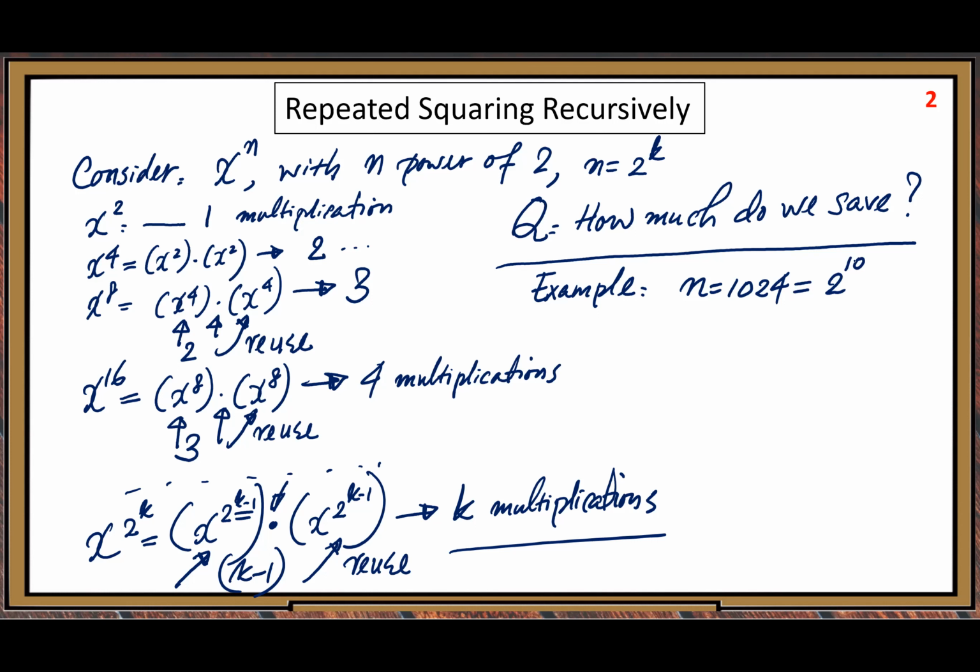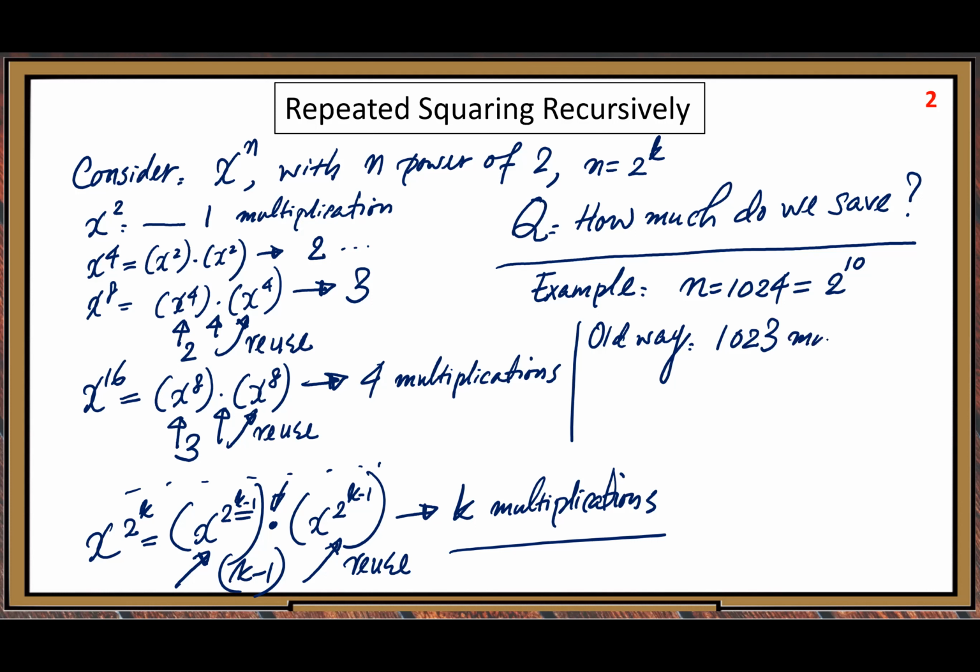Now a comparison. The old way, without reusing the resource, needs 1023 multiplications, the degree number minus 1.